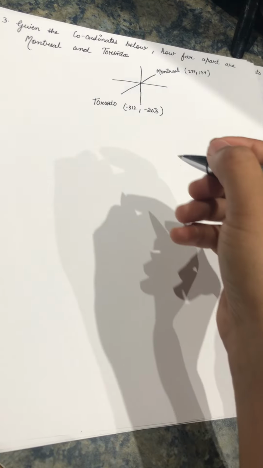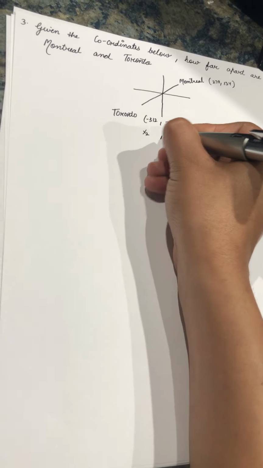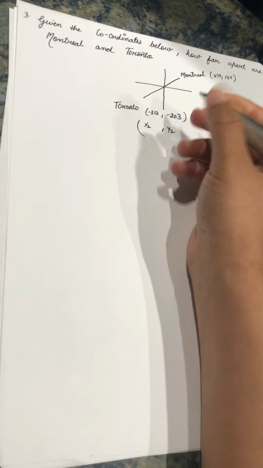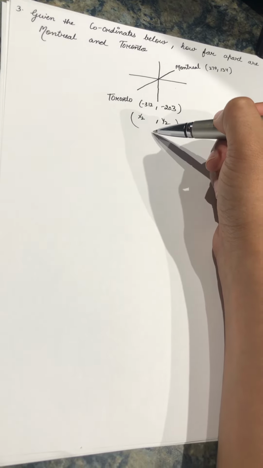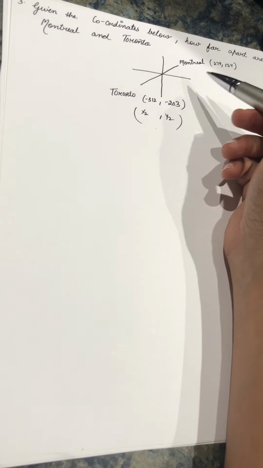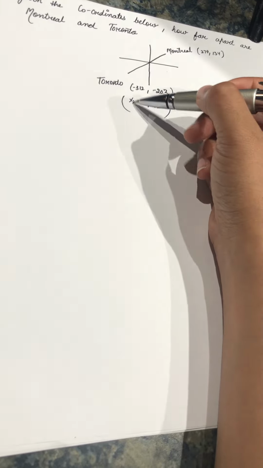I'll solve this one for you, and then I'll give you one example to solve yourself as homework. Now consider this x2 and y2 again. You can choose this as x1, y1 or this as x2, y2. I am choosing this as x2, y2. No difference.